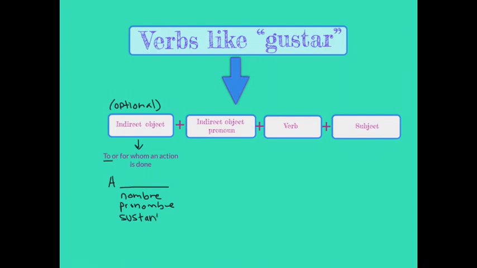So again, it'll always have a first, because that's how you get to, and then one of these items. So some examples would be a Maria, so to Maria, a ella, to her, or a la chica, to the girl. So we've got an example of a name, nombre, a pronoun, pronombre, and a noun, sustantivo.